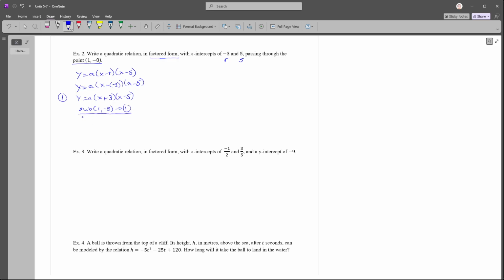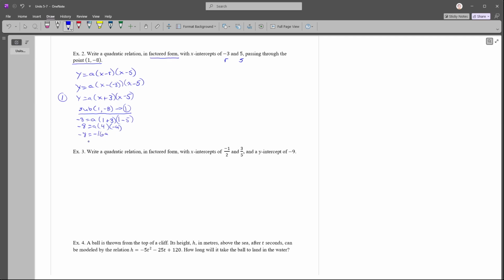Alrighty, so we have y, which is going to be negative 8, is going to be equal to a, which is what we're trying to solve, and then x is 1 plus 3 times 1, minus 5. Let's just do our basic math here. Negative 8 equals a times 4 times 1 minus 5 is negative 4. That means we have negative 8 is equal to 4 times negative 4 is negative 16a.